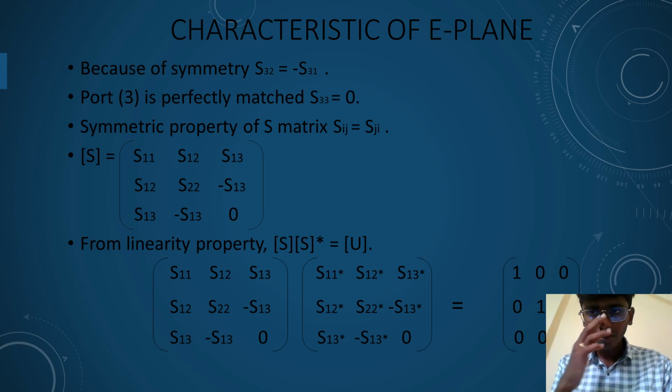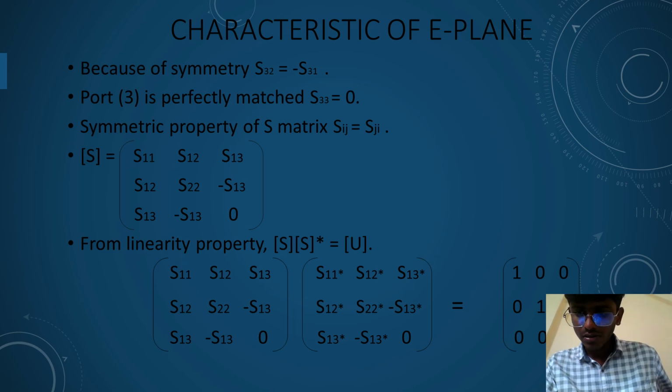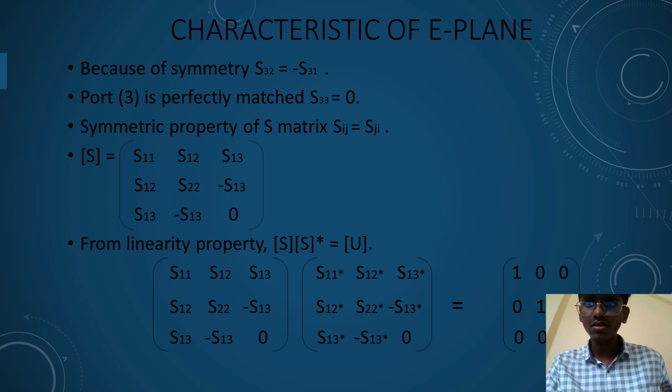From the unitary property, we all know that S into S transpose conjugate equals U, where U is the unit matrix. 100, 010, 001 is the unit matrix. The property says that the matrix multiplied by its transpose conjugate is equal to a unit matrix.